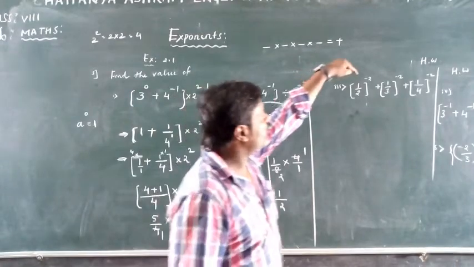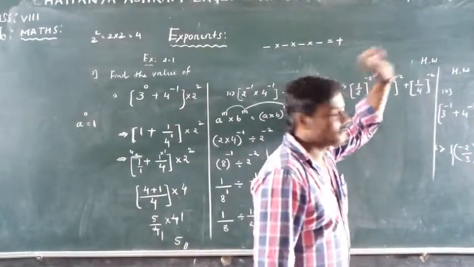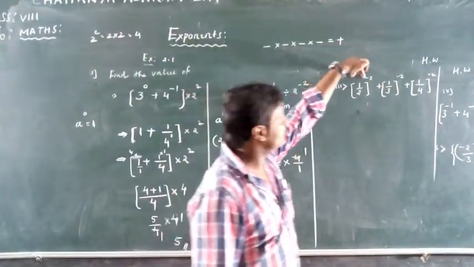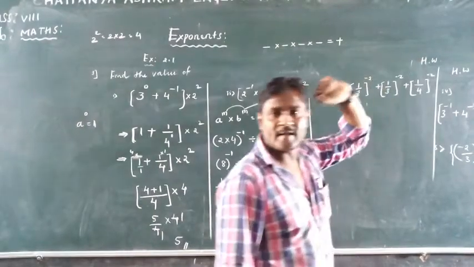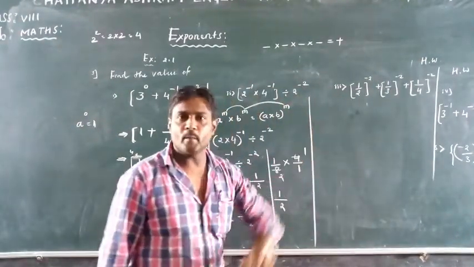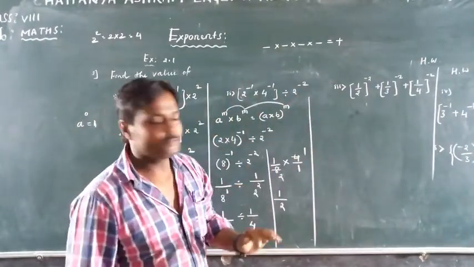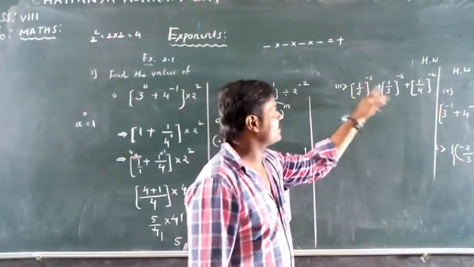So these are all negative exponents. See their powers, they each have negative powers, so they are negative exponents, and the bases are fractions.